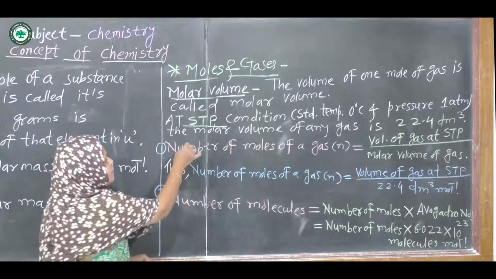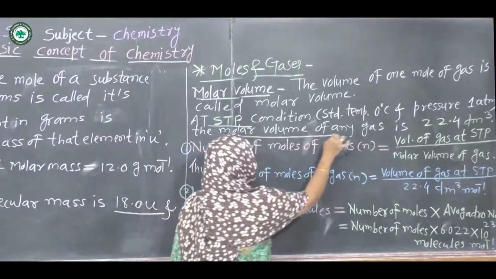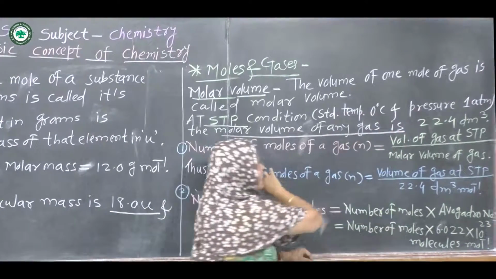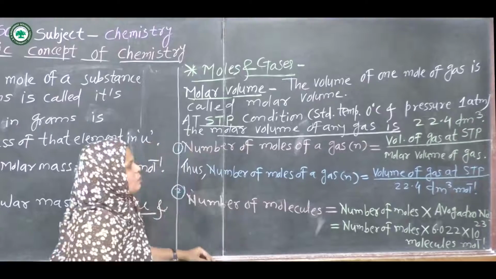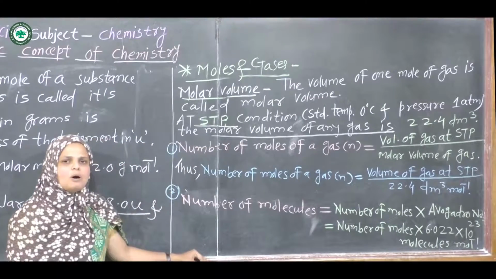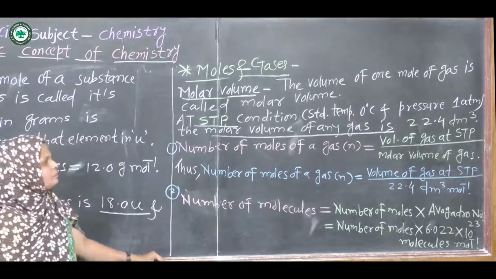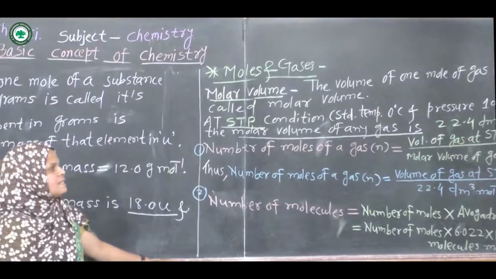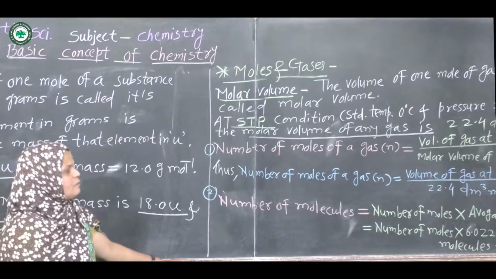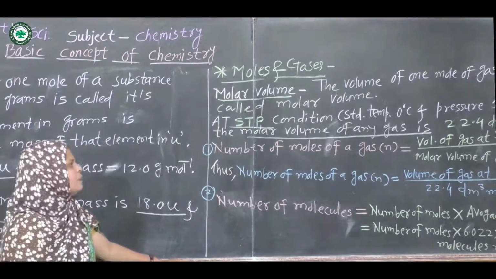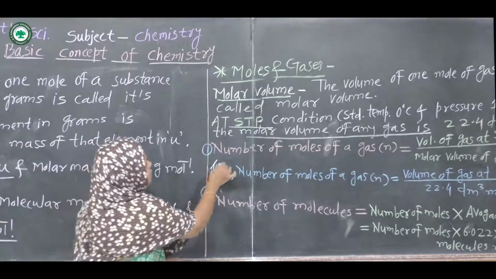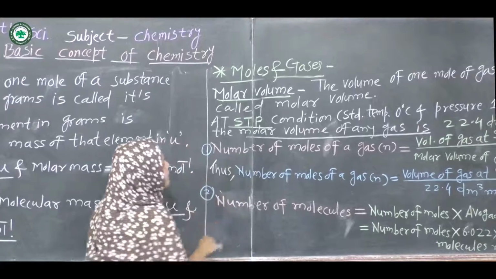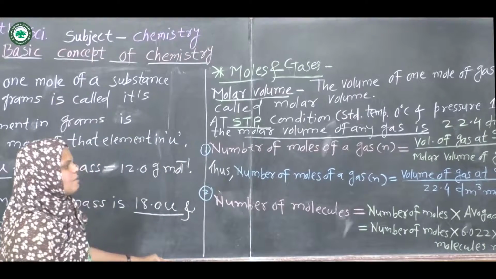The molar volume of any gas is equal to 22.4 dm³. Molar volume of any gas is 22.4 dm³.